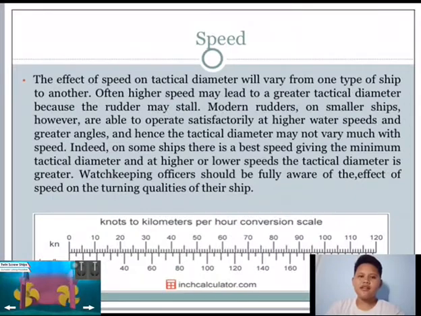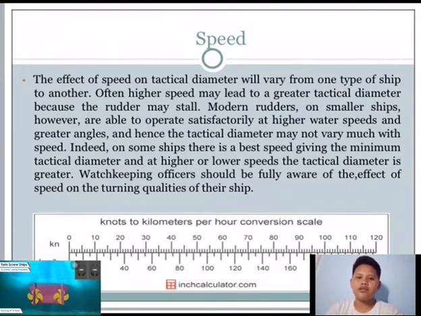So next is speed. The effect of speed on tactical diameter will vary from one type of ship to another. Often, higher speed may lead to a greater tactical diameter because the rudder may stall. Modern rudders on smaller ships, however, are able to operate satisfactorily at higher water speeds and greater angles, and hence the tactical diameter may not vary much with speed.